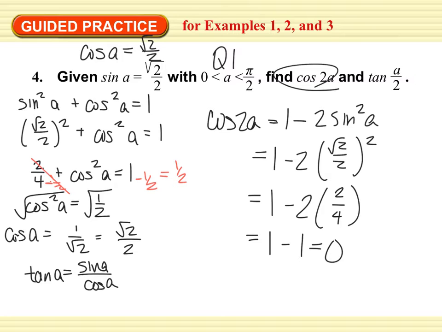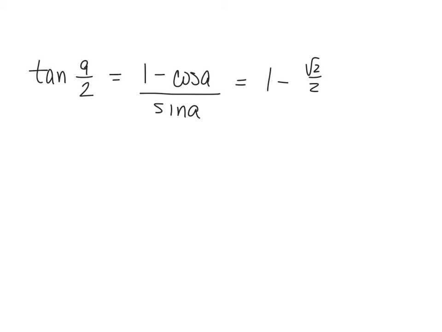I need another page to do tan A over 2. So the formula is 1 minus cosine A over sine A. So we found them: square root 2 over 2 over square root 2 over 2. All right, let's simplify.